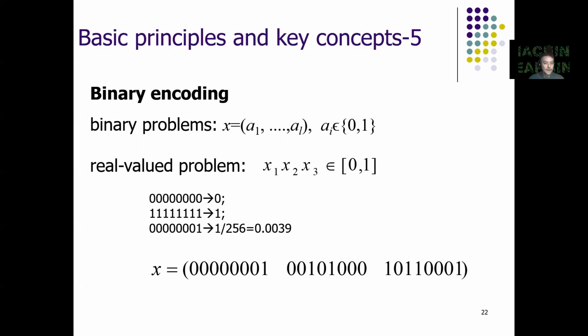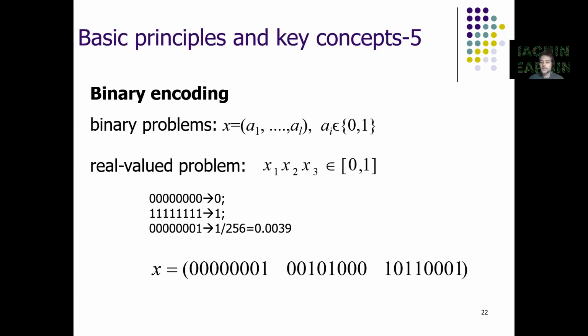For example, in this case, I have 8 bits precision only, which means that 0 is a binary string of 8 zeros, and 1 is going to be a binary string where all bits are 1. And then since I have 8-bit precision, the smallest number that I can represent is the real number 0.0039. So that's the smallest real value I can represent.